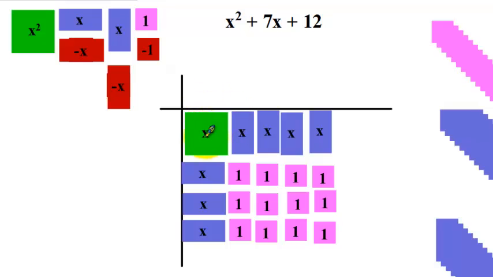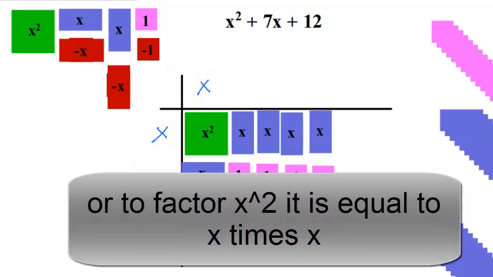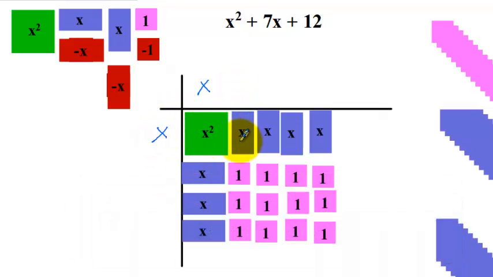So here, to get x squared, you will have to multiply x and x. Okay, so x times x is x squared. Now what is x times something to give you x? X times 1 will give you x. Same thing here, x times 1 gives x, x times 1 gives x.